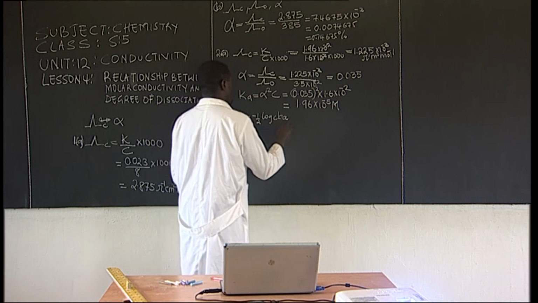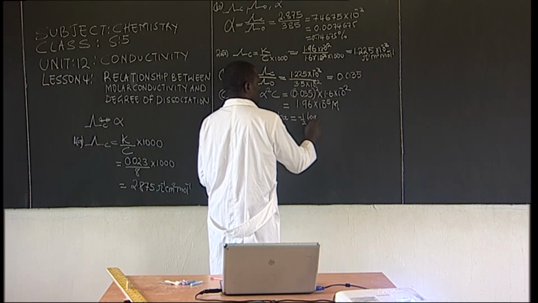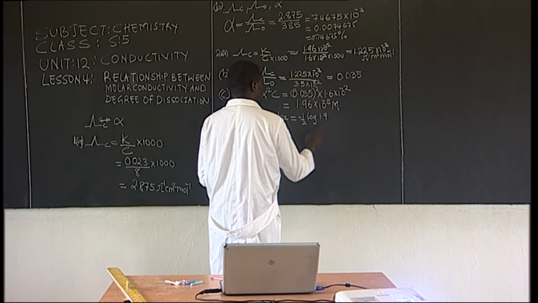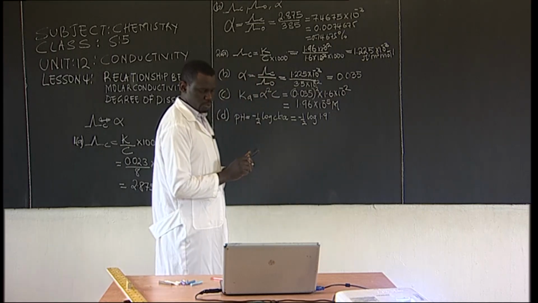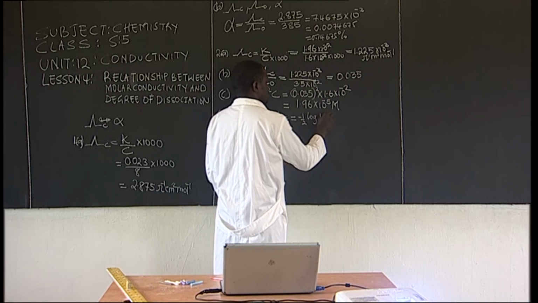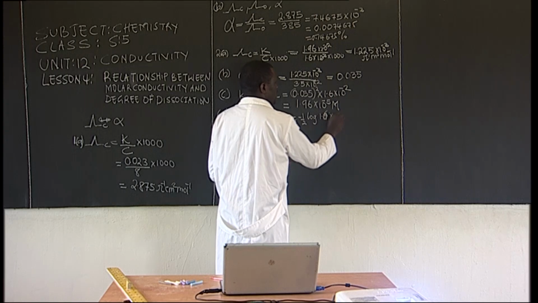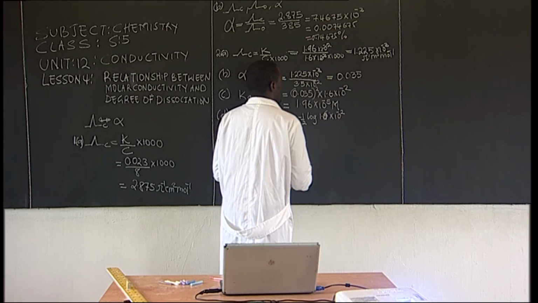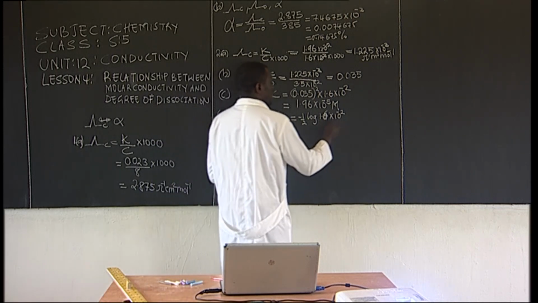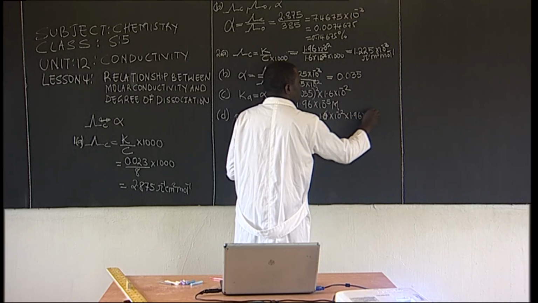So this will equal negative ½ log 1.6 times 10 to the power negative 2, times our Ka, which is 1.96 times 10 to the power negative 5. I was looking for a duster, but we can continue.